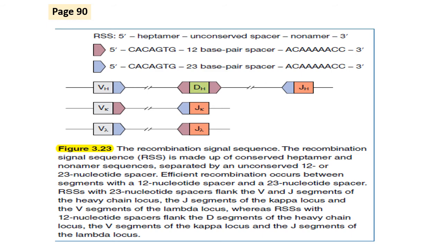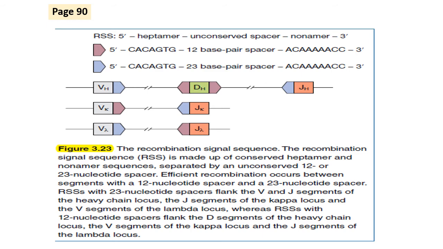In the variable heavy locus, the variable and junctional segments, the V and J segments, are flanked by RSS with a 23 nucleotide spacer, as this figure shows. The D segments, the diversity segments, are flanked by RSS with a 12 nucleotide spacer.